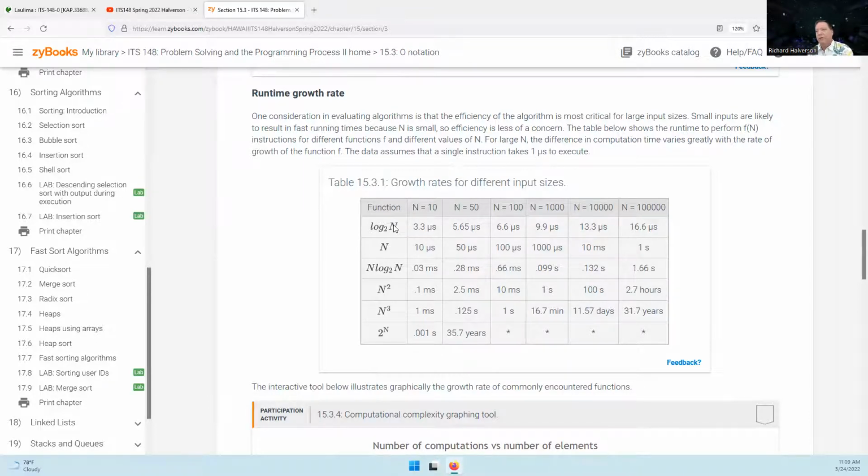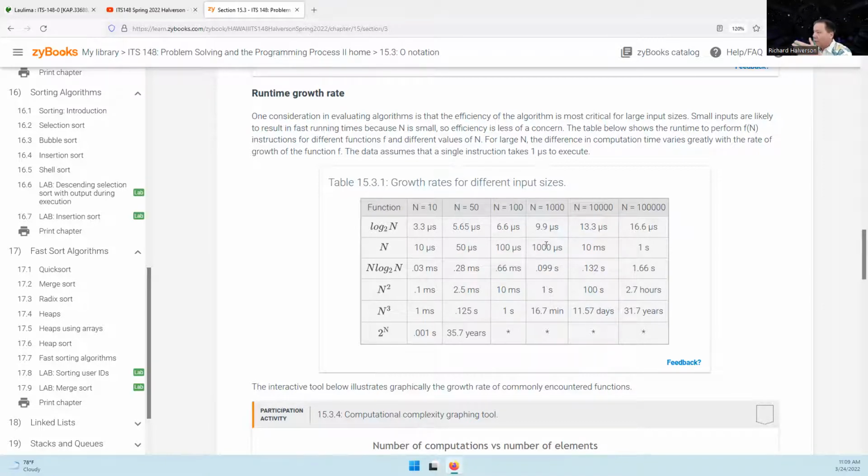Okay, so linear search is bigger because it takes longer, because n is bigger than log n. Okay, so here, this is what it looks like. We've got log n and we have n. So when n is just equal to 10, when there's only 10 elements in the list, this is faster. When there's 50 elements in the list, see, this is growing exactly with n, because it's O of n.